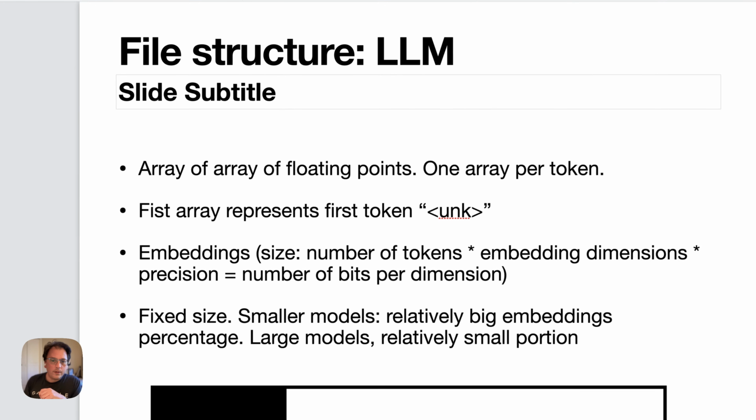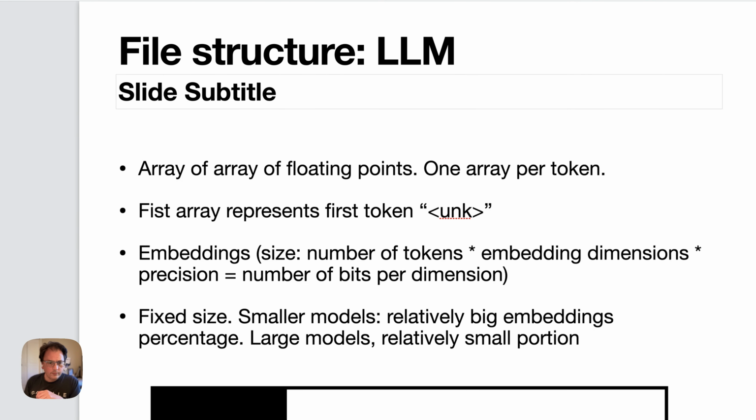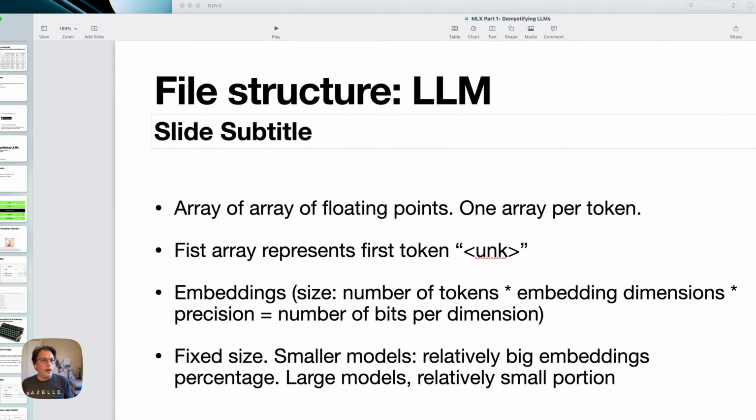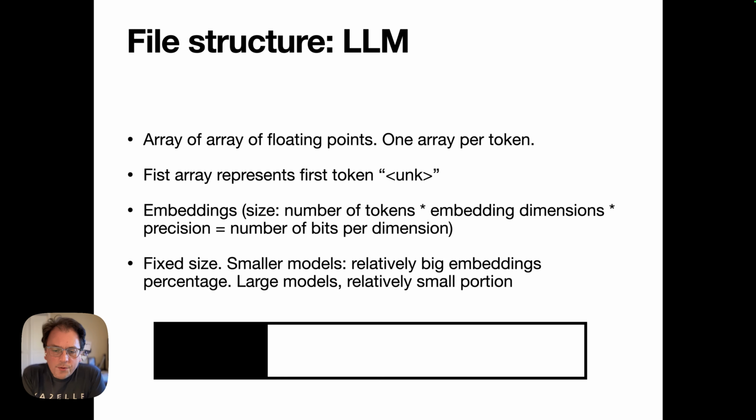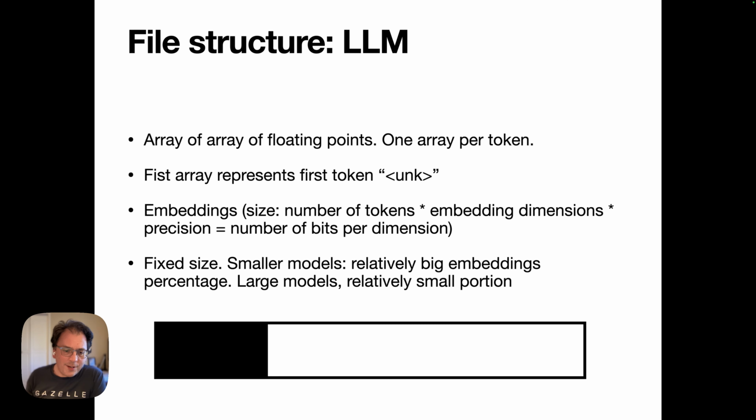Let's actually go here. The thing to remember, and I tried to visualize how the bin file works: you have the black part here, that is the embeddings part, and then the white part is the other part, the weights part.